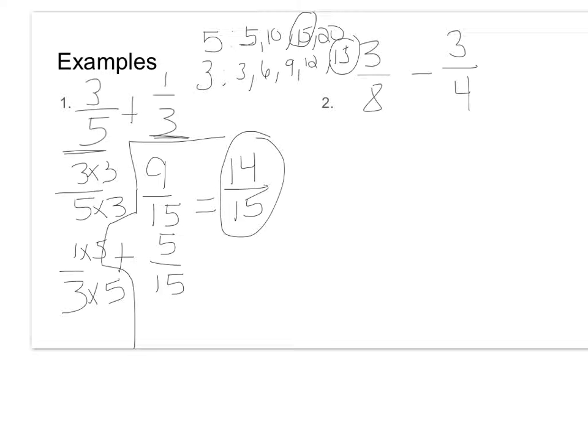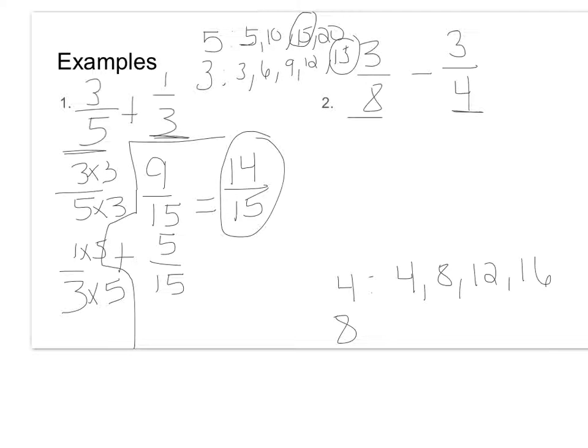Our next example, when we're subtracting, again, you should notice that there is no common denominator. So you need to find the list of the multiples of 4 and 8. 4 times 1 is 4, 4 times 2 is 8, 4 times 3 is 12, 4 times 4 is 16.